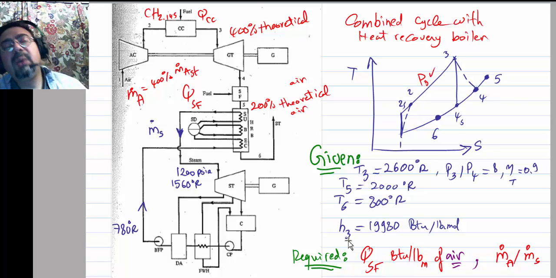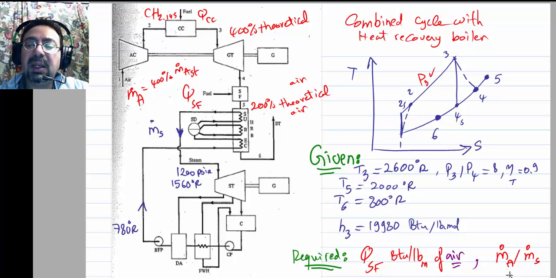So how can we solve this? Let's solve the easy part first, the m dot air over m dot steam. If I want to figure out how much m dot steam is flowing in the cycle compared to how much m dot air is going through this, what should I do?